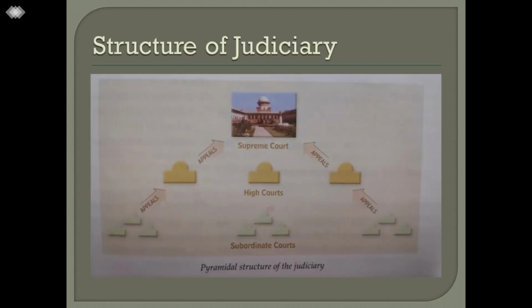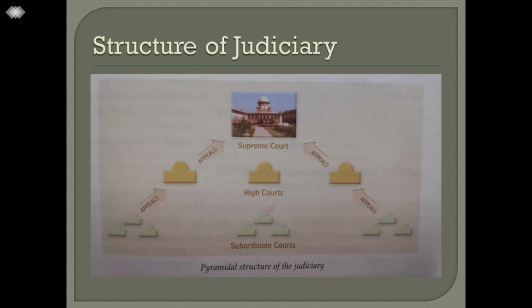So, my dear students, in the previous slide, you must have understood the types of cases. Now, all these cases are presented in courts of law. So, let's understand the structure of the judiciary. The Indian judiciary has a pyramidal structure.